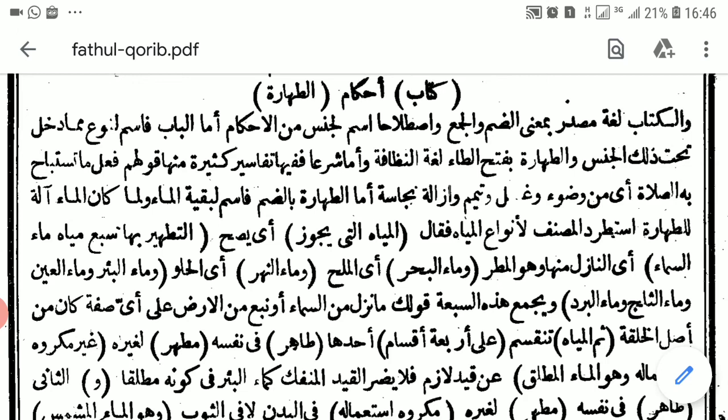Wastilahan ismun li jinsin minal ahkami, and in terms it is the name of a type of rules. Wa ammal babu fa ismun li naw'in mimma dakhala tahta dhalikal jinsi, and bab is the name of a part that is included in the type.